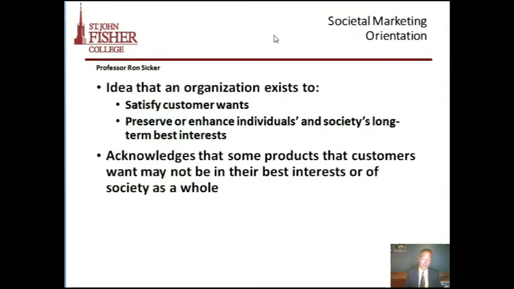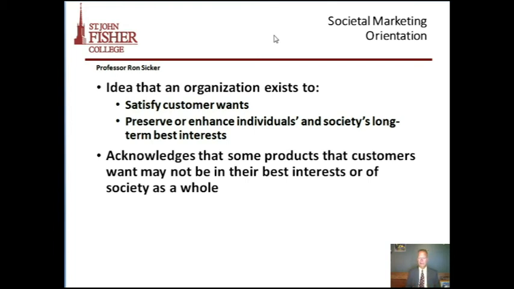And then finally, societal marketing orientation is a lot like marketing orientation, but it has to do with social responsibility and society. We're talking about sustainability for the planet, sustainability for labor, non-corruption, human rights, and all of those societal issues that are global these days.